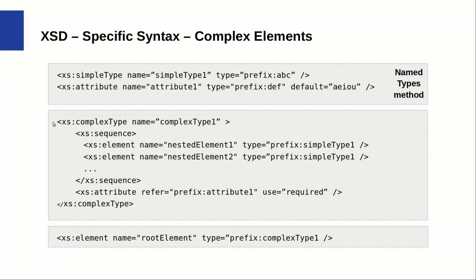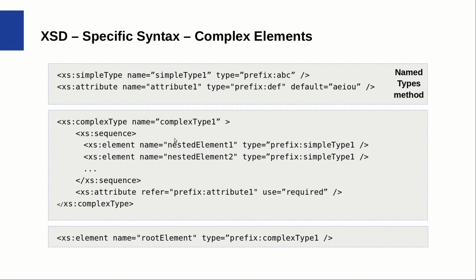Then you declare the complex types by using the xs:complexType, and in this case also setting a name, because you're declaring this complex type now globally, and you gotta have a name for referring to it later. Then you open the indicator, for example, xs:sequence, and inside the sequence you declare the elements that are to be nested to this complex type.